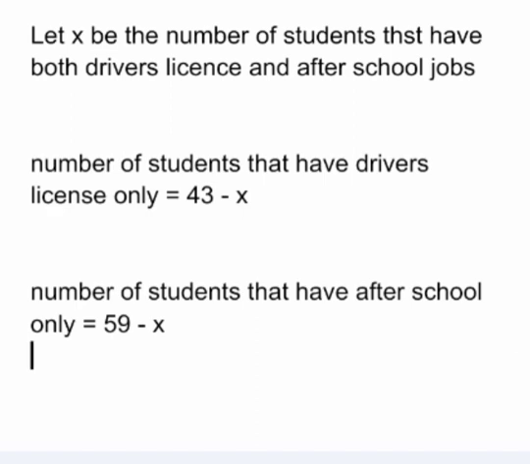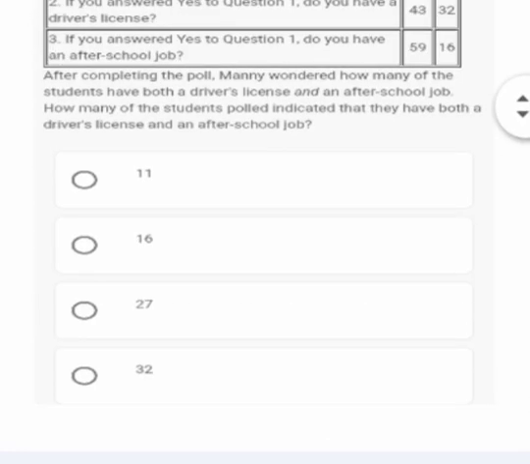That is to say 43 minus S plus 59 minus S plus S must be equal to 75.